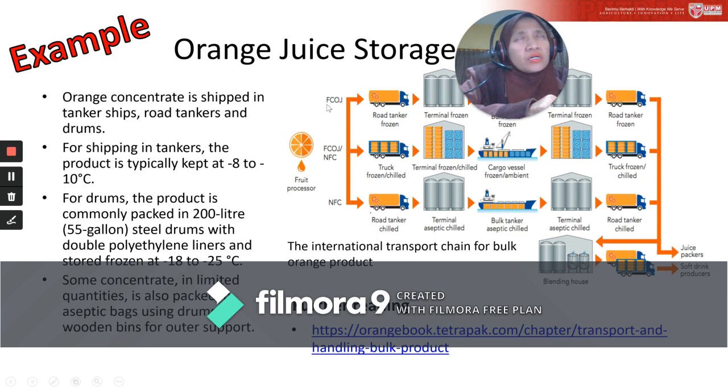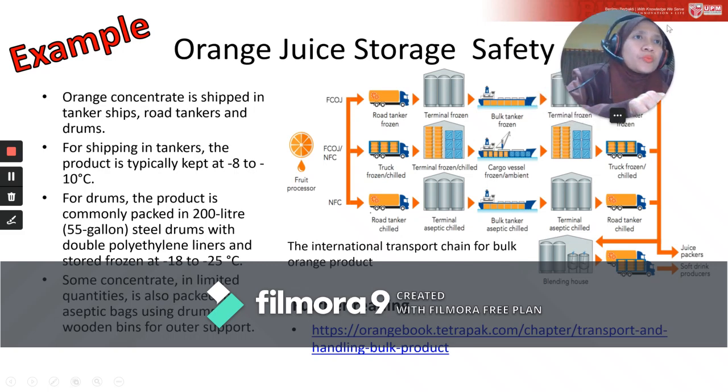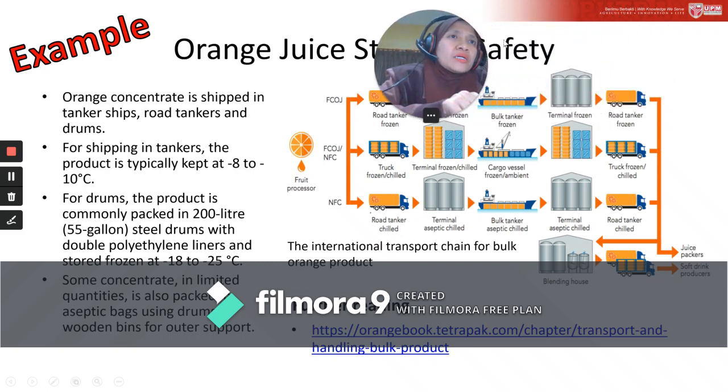Okay. So FCOJ is frozen concentrated orange juice. Basically they distribute frozen concentrated orange juice as their raw material, and they have terminal storage. Normally the terminal storage is close to the port.